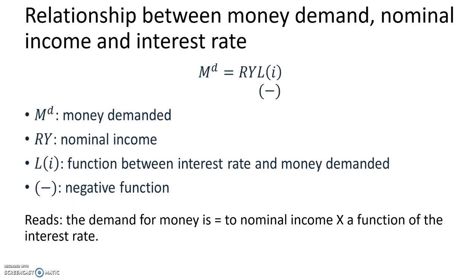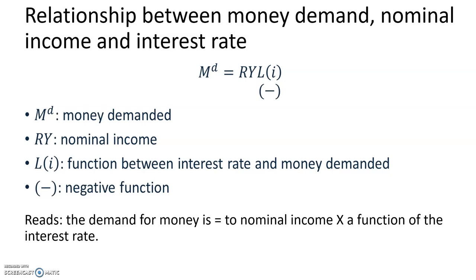The relationship between money demand, nominal income, and interest rate. We can write the relation between the demand for money, nominal income, and the interest rate as MD = $Y L(i), with a negative sign under i. So MD is money demanded, $Y denotes nominal income, and L(i) is a function of the interest rate, with the negative sign.